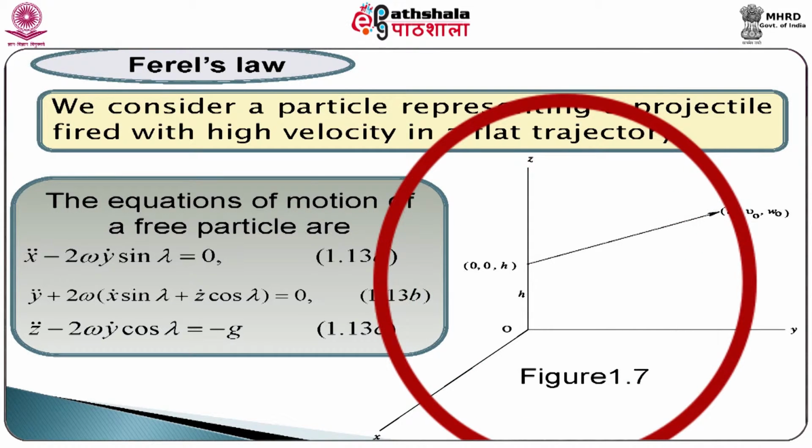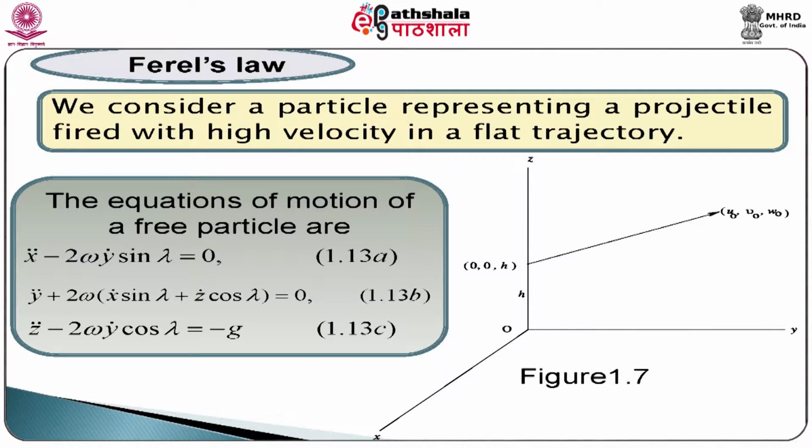This is the figure. From this you can see that the particle is projected from the point 0, 0, h, that is, the point is on the z axis, the height above the horizontal is h, and the projection velocity is u0, v0, w0.